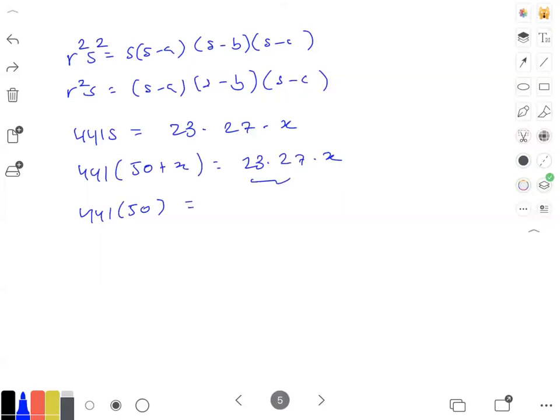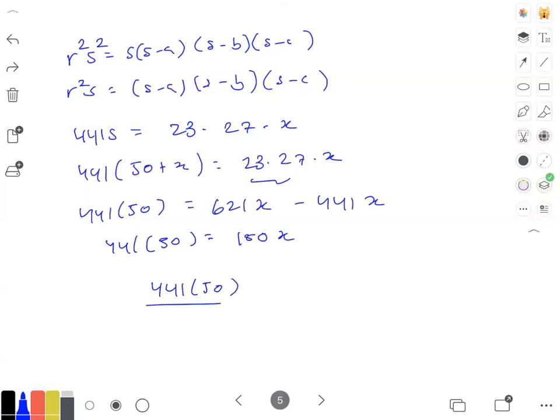This is 25 plus 2 times 25 minus 2, which is 25 squared minus 2 squared, which is 621. 621X minus 441X. So 441 times 50 is equal to 180X.